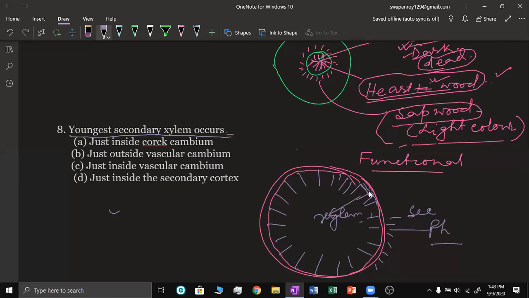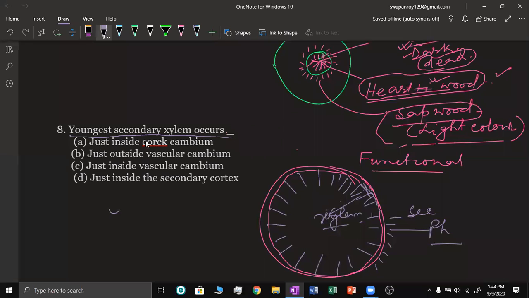Very near to the cambium are the younger ones. So towards the cambium it is younger, and away from the cambium it is older.